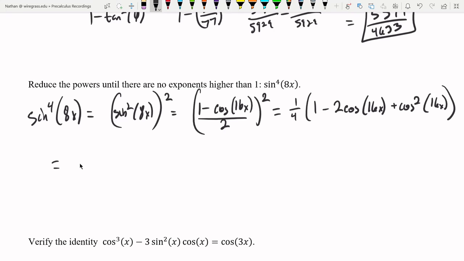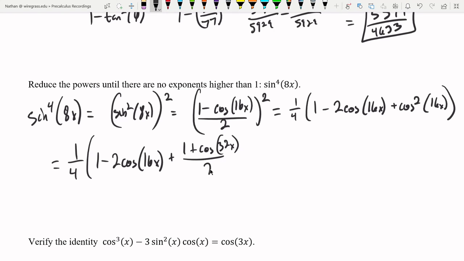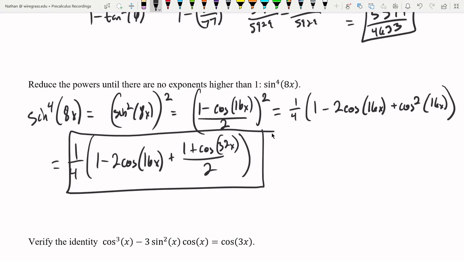Cosine squared says we still have the 1/4, 1 minus 2 cosine 16x. Then we have cosine squared is the same thing as 1 plus cosine of twice the angle, over 2. 16 is the angle, so we're going to have 32x over 2. And that's actually reduced. So we don't actually have to go any further than that. We could multiply things out, but that only has exponents of 1 inside of it.